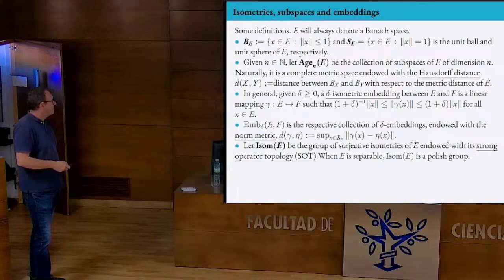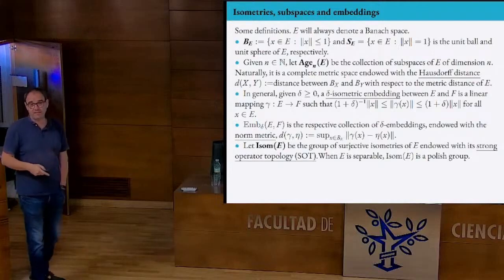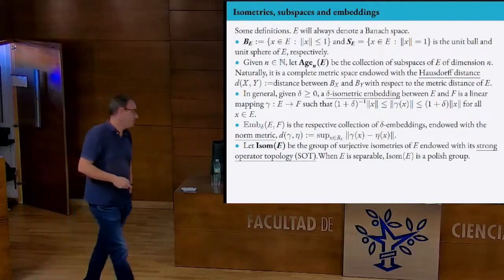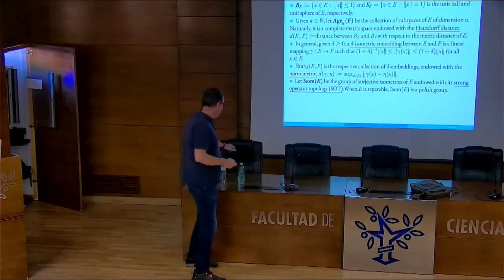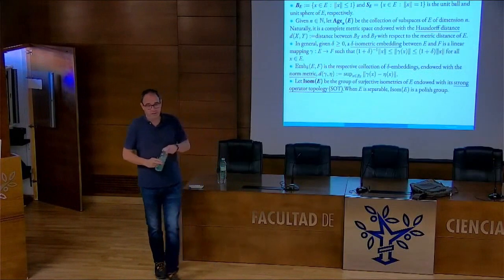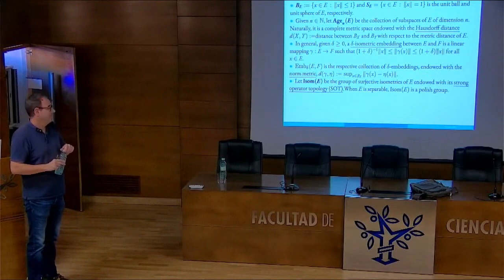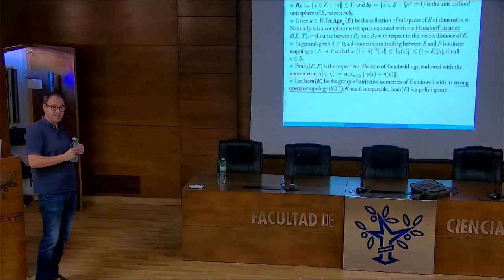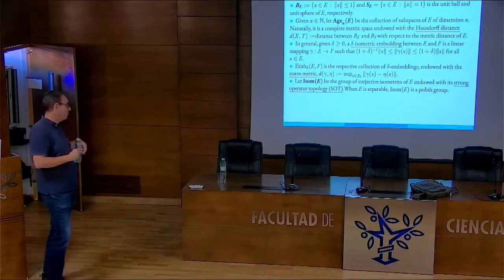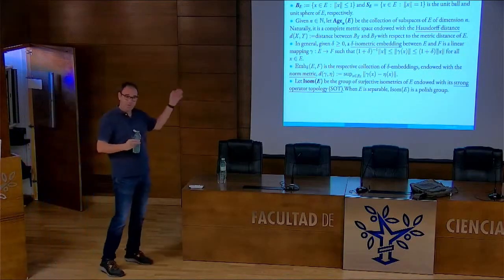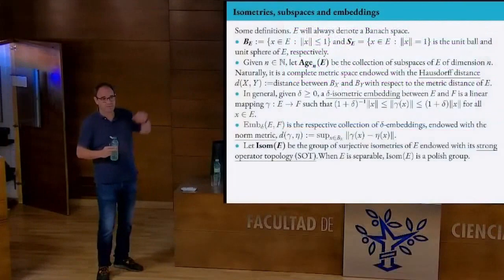The isometry group, that's another important thing, is what topology you are considering in the isometry group. And here you have to use the strong operator topology, so pointwise convergence, because otherwise, typically, this will be non-separable, will not be Polish, and you are entering into something else, okay?